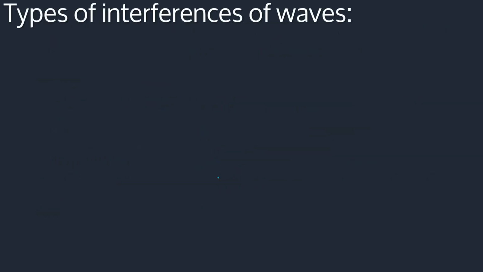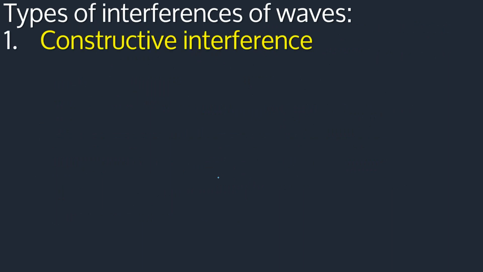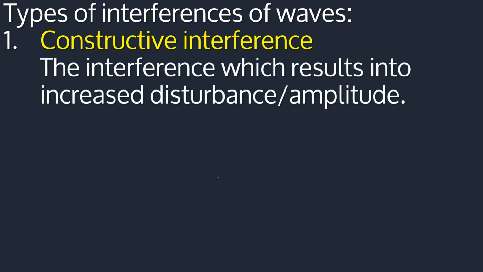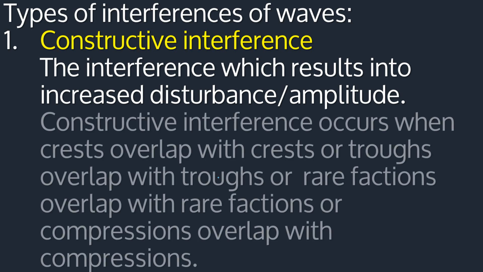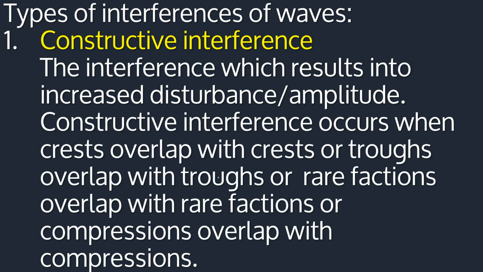Now, types of interference of waves, we have basically two: constructive interference and destructive interference. Constructive interference is the interference which results in increased disturbance or increased amplitude. Constructive interference occurs when crests overlap with crests, or troughs overlap with troughs, or rarefactions.